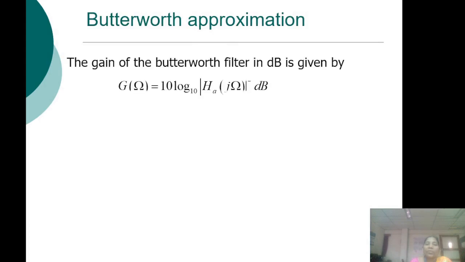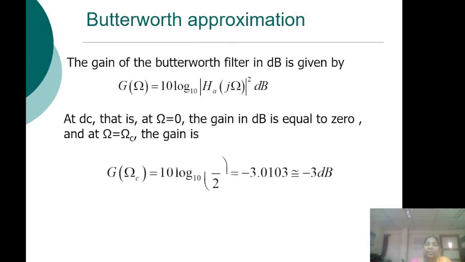Next, the gain of the Butterworth filter, expressed in decibels, is calculated by the formula g of omega equal to 10 log to the base 10 of modulus of H of j omega whole square. When you substitute omega equal to 0, the gain is 0.